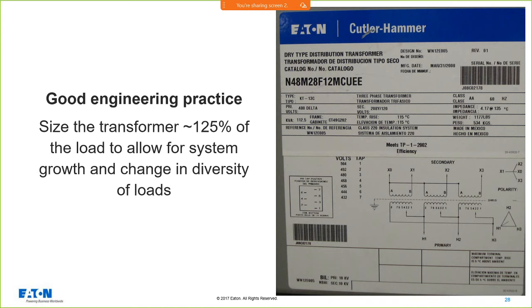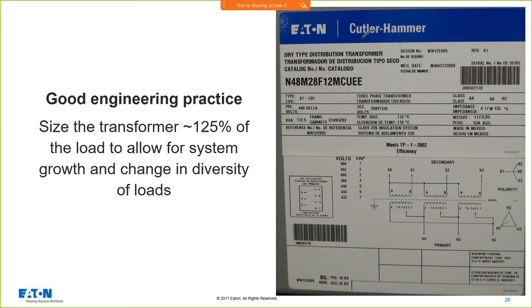You do your load calculations however you normally do them. And then what I've seen as an engineering practice is to add 25% because that transformer should have enough for growth in the power distribution system.